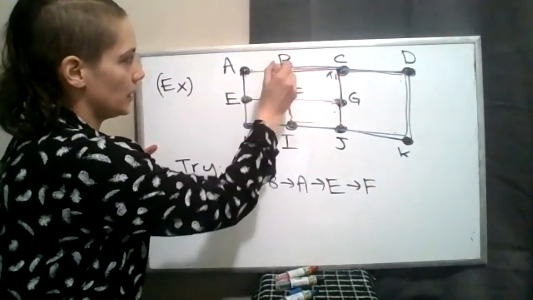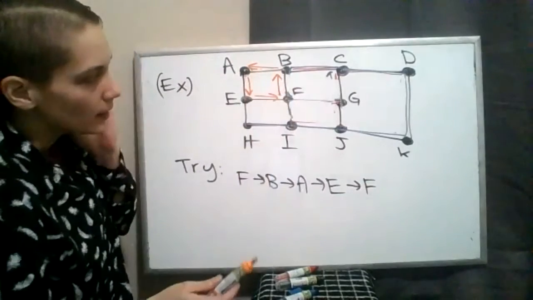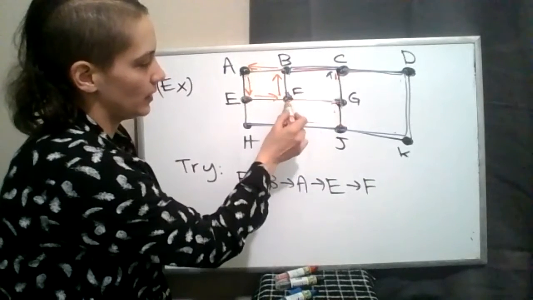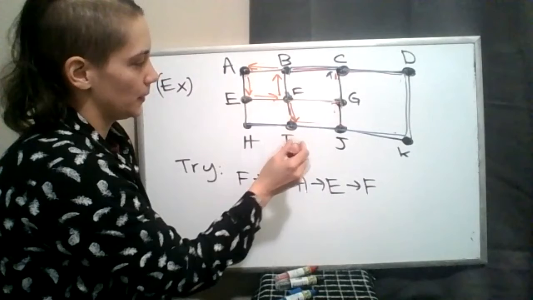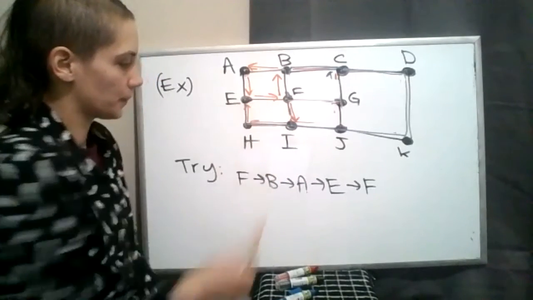F to B, B to A to E, back and F. Let's go around the square. Let's do F to I, and then I to H, H to E.